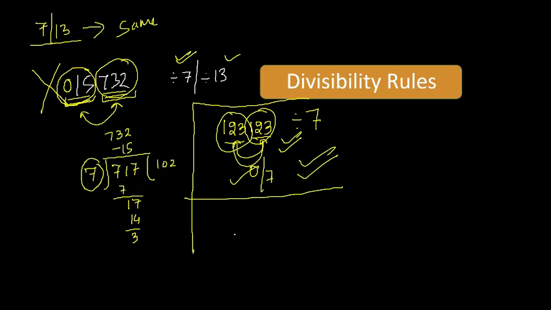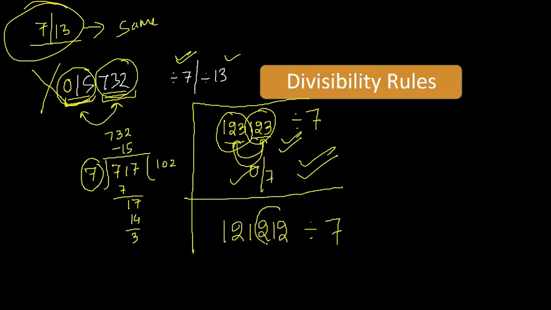Right? Let's say your number is 1, 2, 1, 2, 1, 2. Is it divisible by 7? The rule of both is the same. For 13 you have to divide by 13. For 7 you have to divide by 7. Just find the difference of these two numbers.